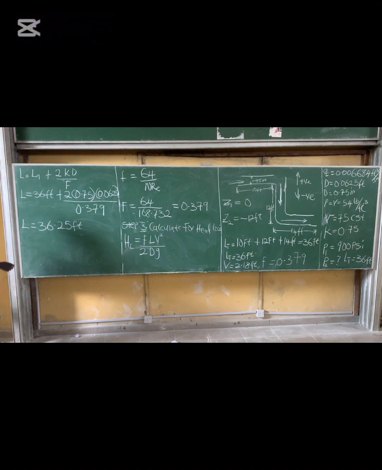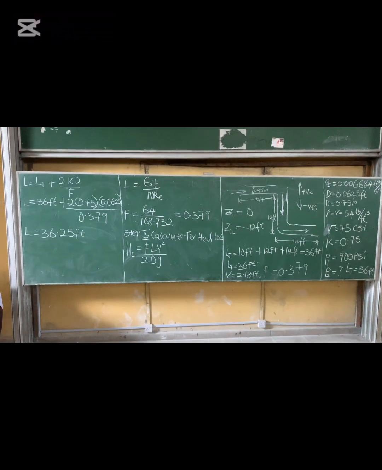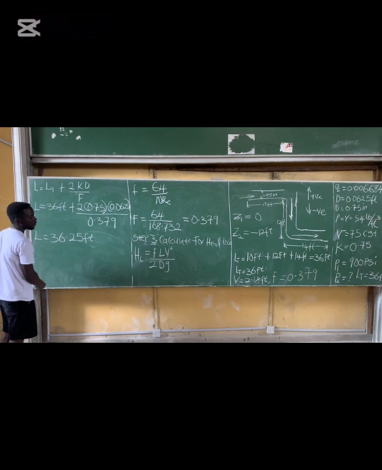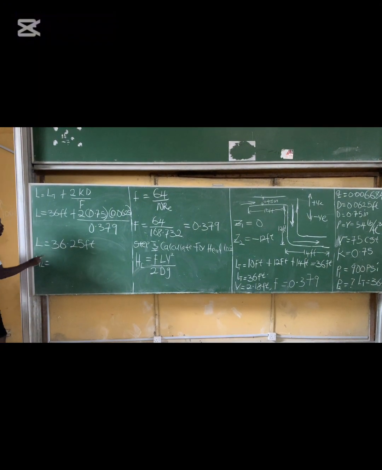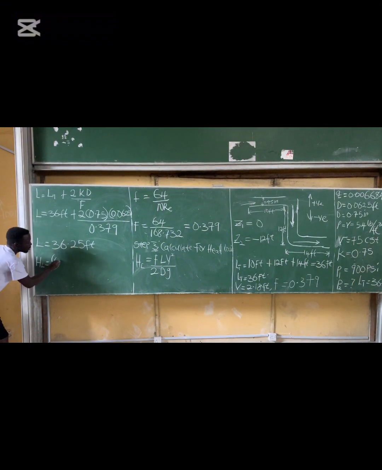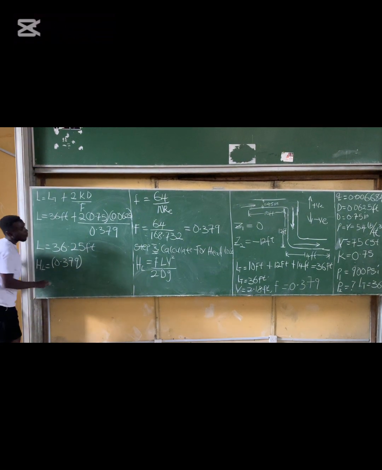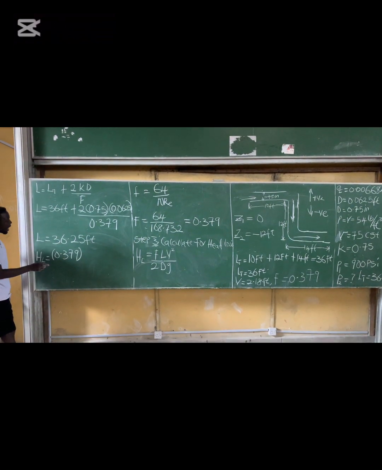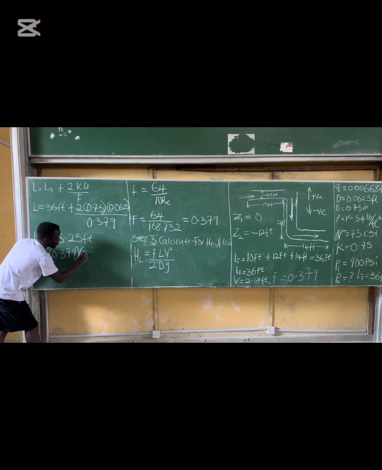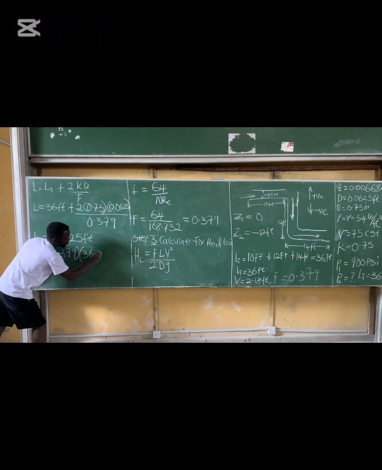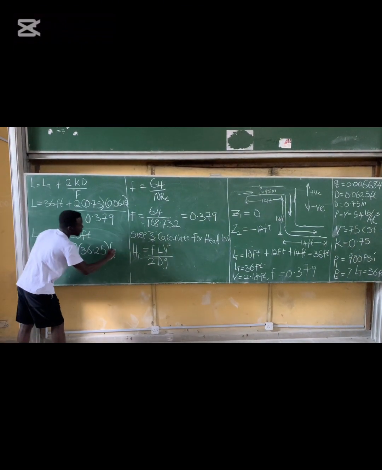So therefore, we can simply calculate for our head loss. Head loss is equal to friction factor, 0.379, multiplied by the length of our pipe, 36.25, then multiplied by the velocity squared.